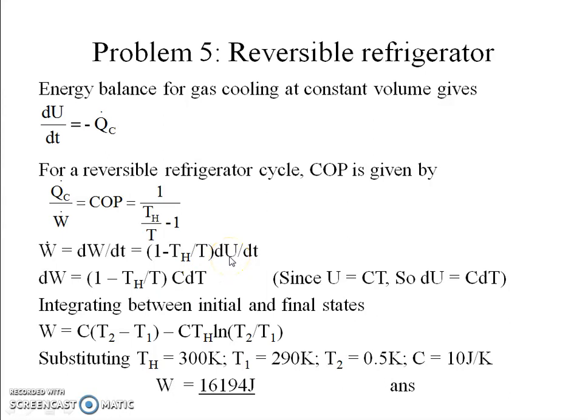From the problem statement we know that U = Ct, or dU = C dT, so I put dU/dt as C dT/dt. The dt cancels, and what I am left with is dW, the differential amount of work done, equal to (Th/T - 1) C dT. Now the problem is simple.